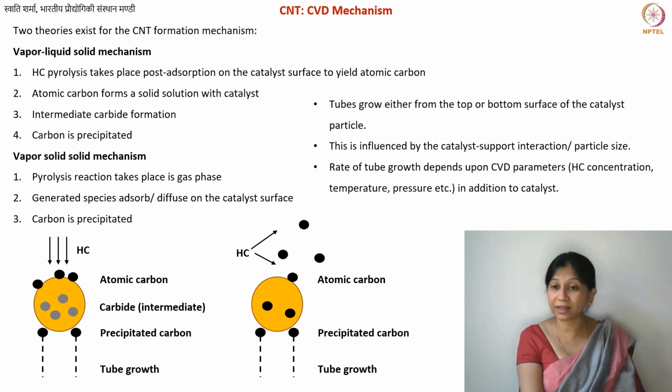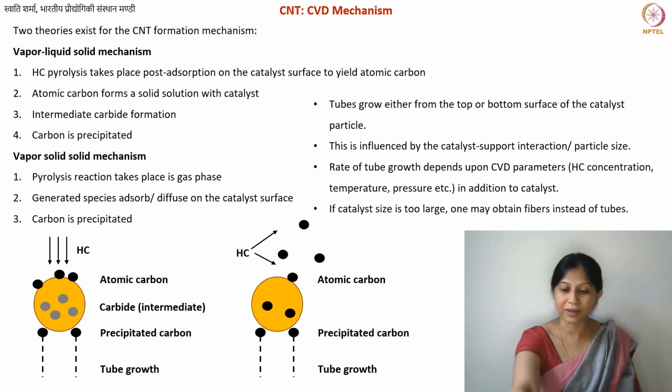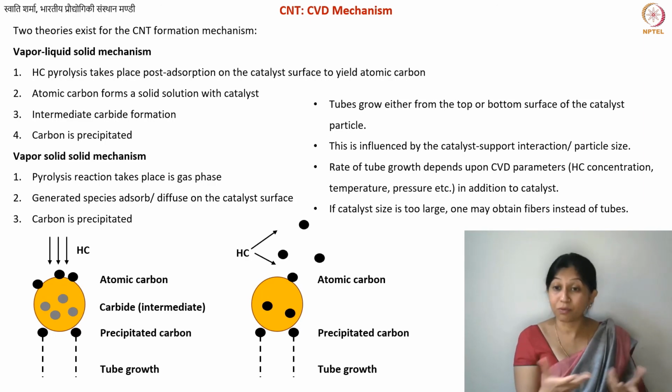Also, the carrier gas can become important, and so all of these factors, similar to any other CVD reaction, you can perform the optimization. Okay, so one more thing is that another closely related material is vapor grown carbon fibers. So you know that we can have fibers also through the CVD process.